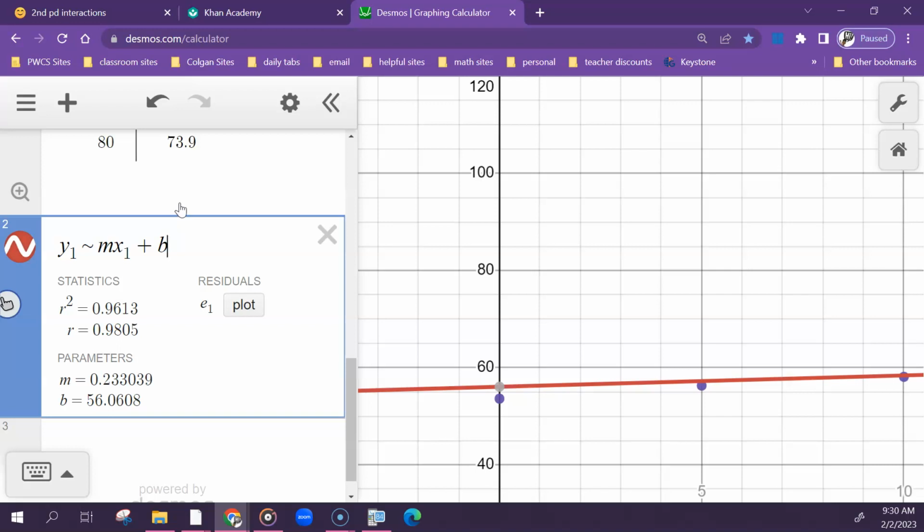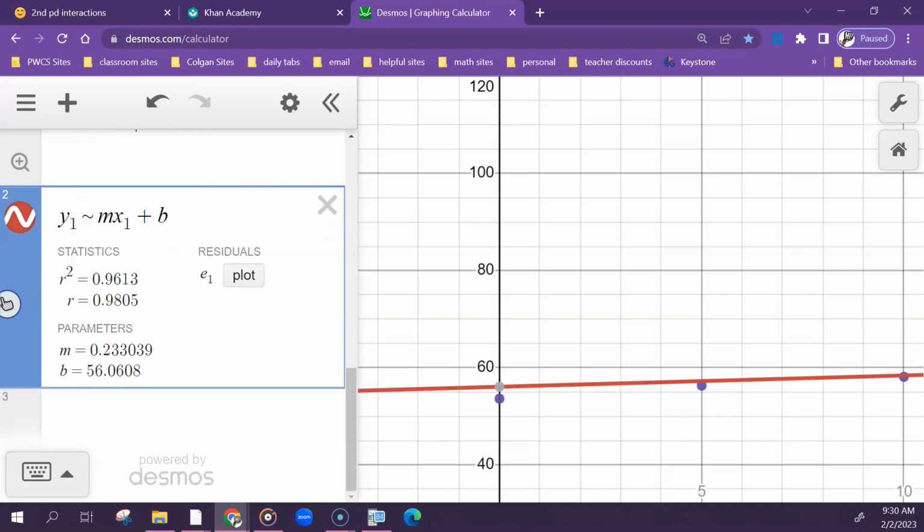Go ahead and write that down for your line of best fit for question 3. Again, 2 decimal places, so y equals 0.23x plus 56.06.